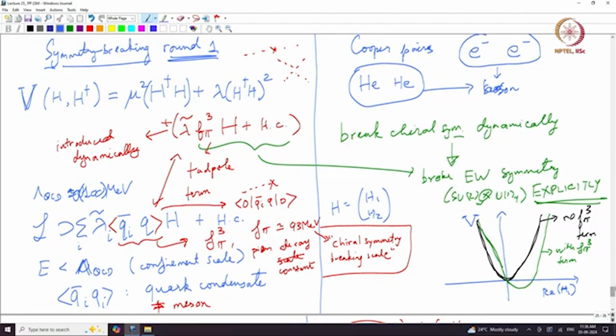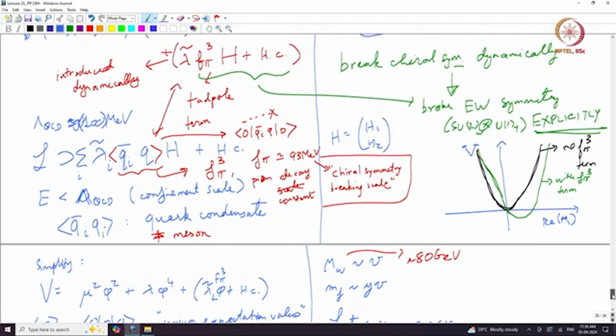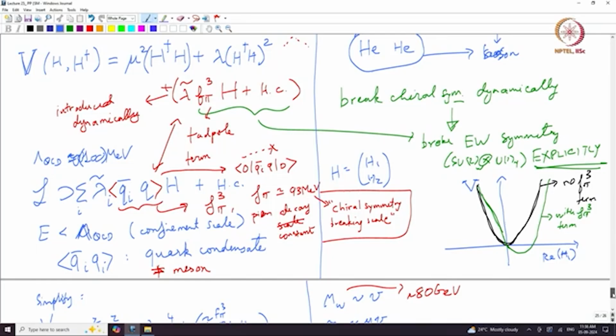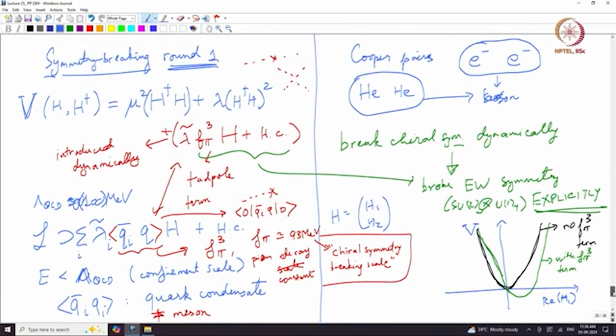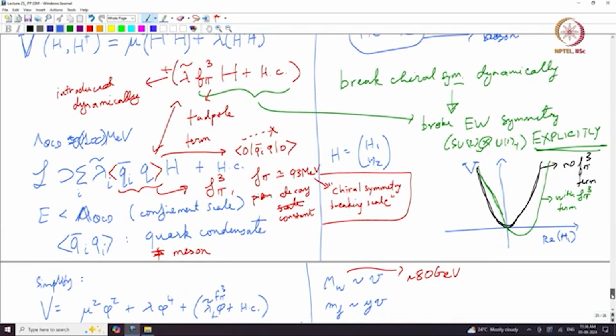If you are below the confinement scale in QCD, then since confinement happens dynamically without you having to do anything about it, the strong force becomes stronger at lower energies. So, a quark and an anti-quark would pair up into a quark condensate, which is not a meson. You will see soon what a meson is.